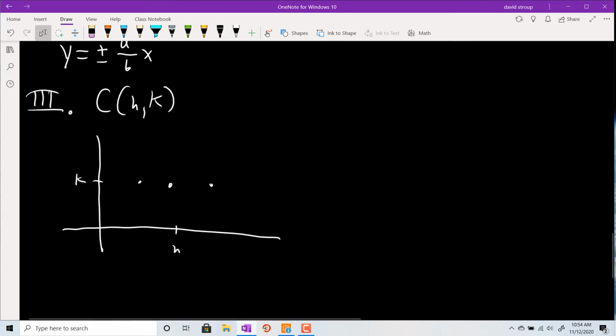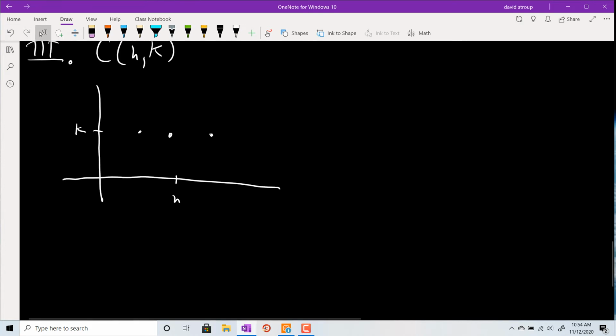So the formulas for the vertices on the transversal will be h plus or minus a, comma, k. It's because you're going left and right. And then the foci will be at h plus or minus c, comma, k. Right? So the foci go outside of the vertices.